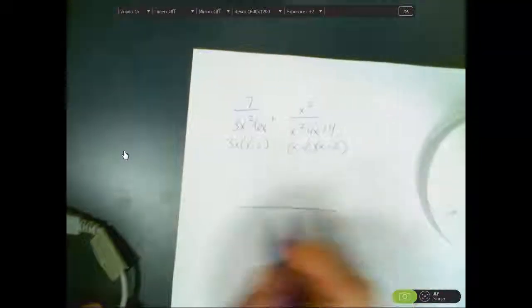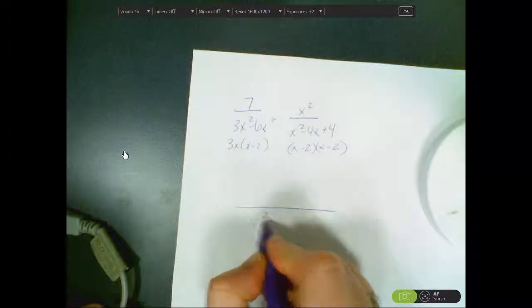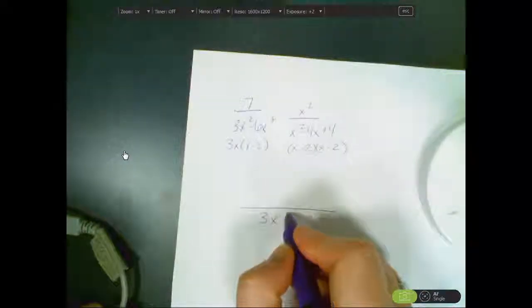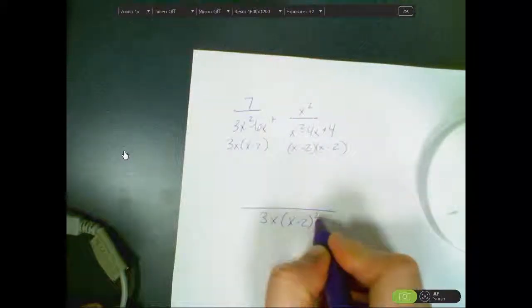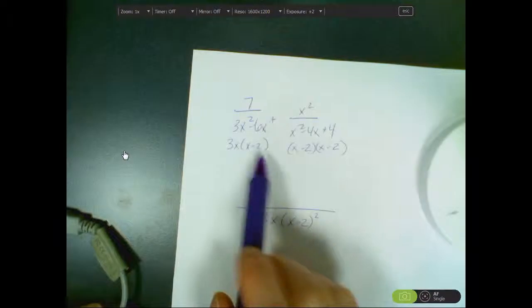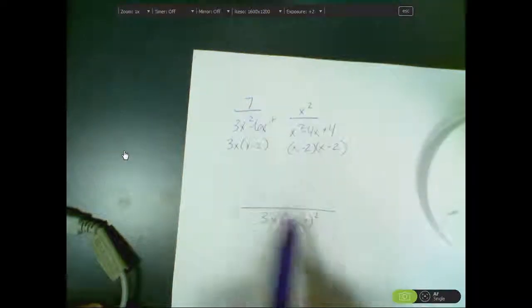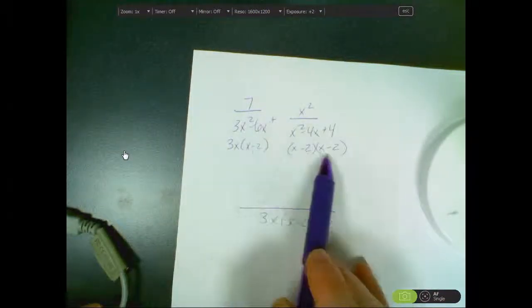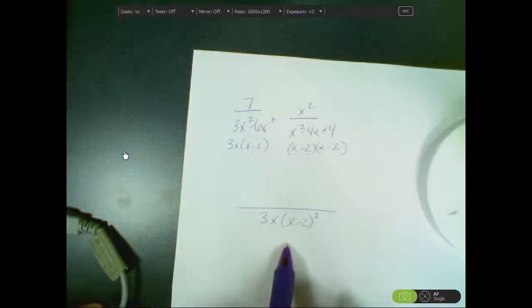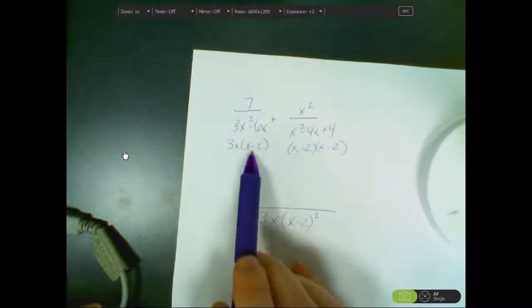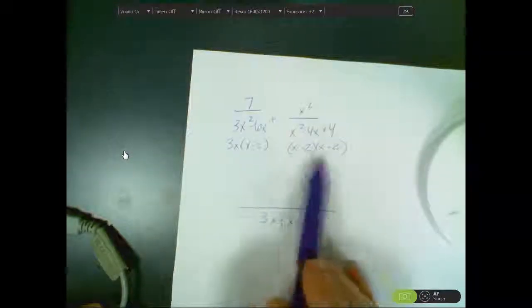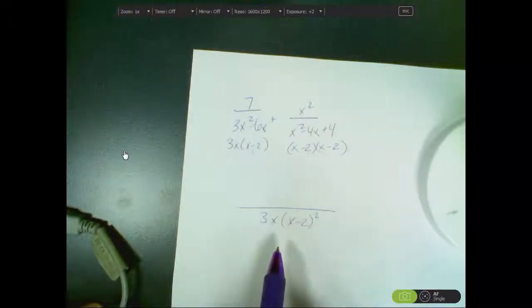So when I make my common denominator, I need a 3, I need an x, and I need two x minus 2's, because remember we said you have to have at least one of each factor, but the one that has the most factors, that's what has to go in the common denominator. So this one has one x minus 2, this one has two of them, so you need two of them in your common denominator.